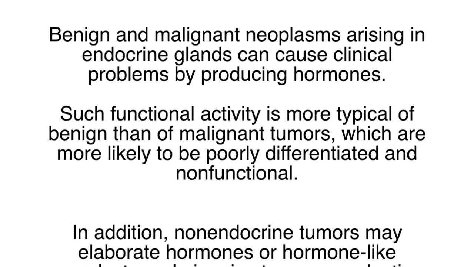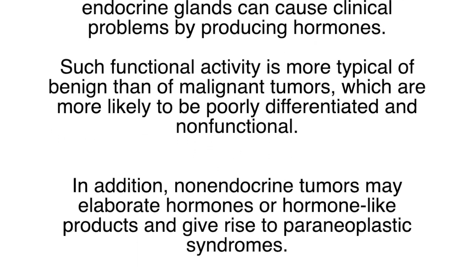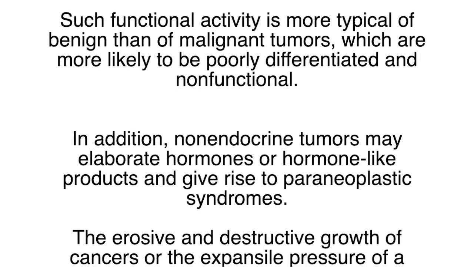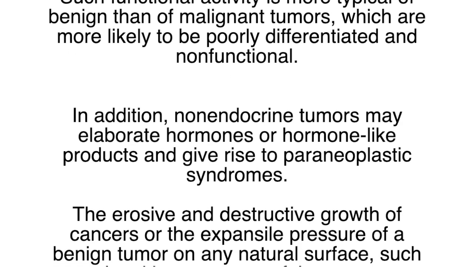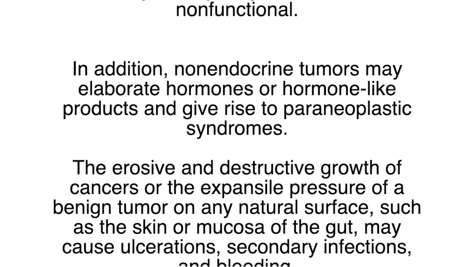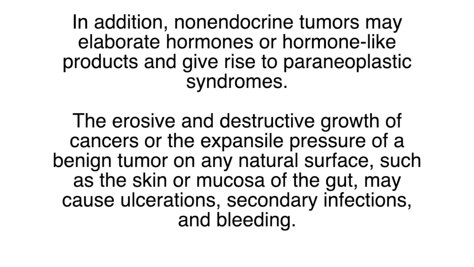Such functional activity is more typical of benign than of malignant tumors, which are more likely to be poorly differentiated and non-functional. In addition, non-endocrine tumors may elaborate hormones or hormone-like products and give rise to paraneoplastic syndromes.